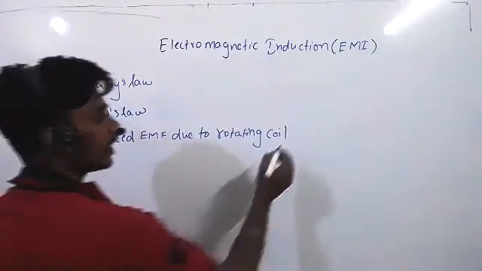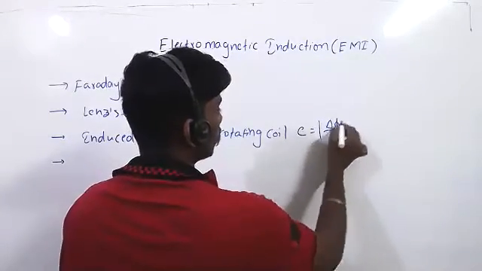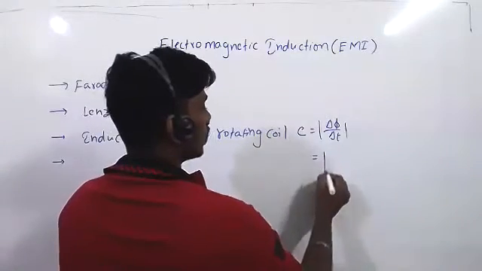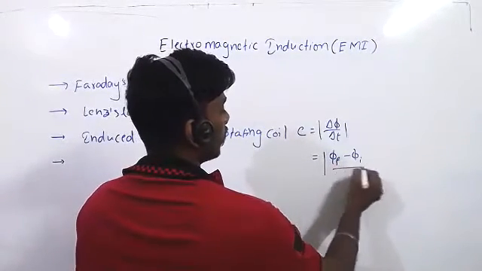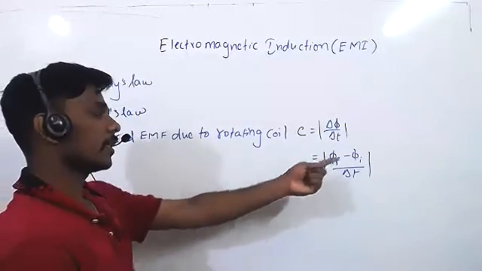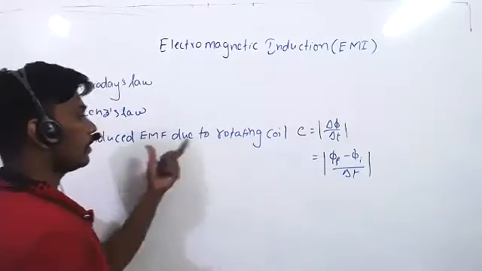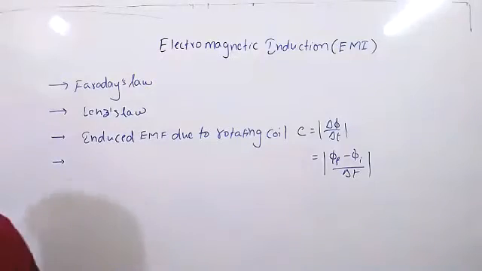Change in magnetic flux, E is equal to delta phi by delta t. This is what we will use here mostly, because the coil rotates. So when the coil is rotating, we write phi final minus phi initial by delta t. Initially how much flux and finally how much flux, that change over time. Then we can solve problems on induced EMF due to rotating coil. Mostly you will use that formula.